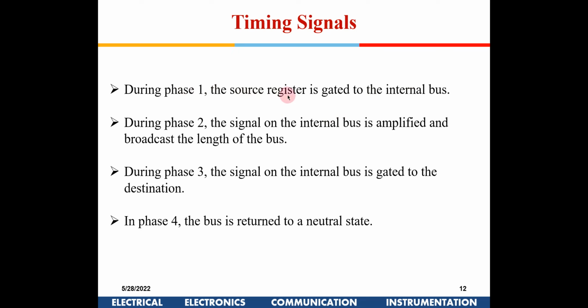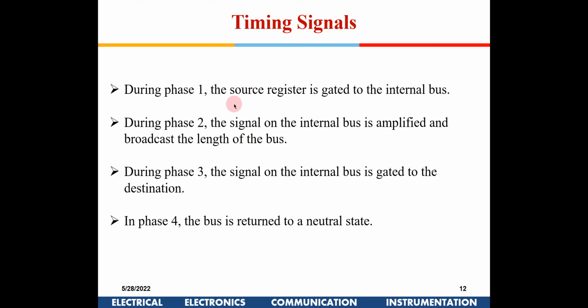During phase 2, the signal on the internal bus is amplified. In phase 3, the signal on the internal bus is gated to the destination. And in the fourth phase, the bus is returned to a neutral value. We have to remember how these phases work, then everything will be clear.